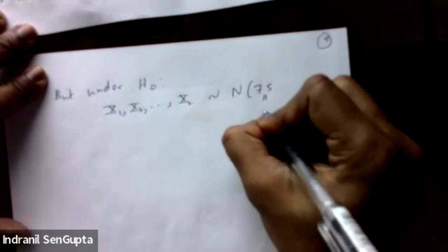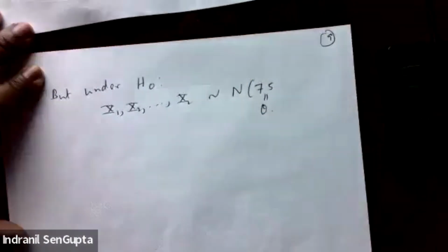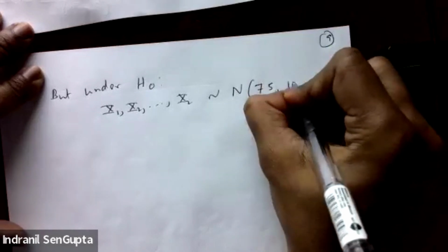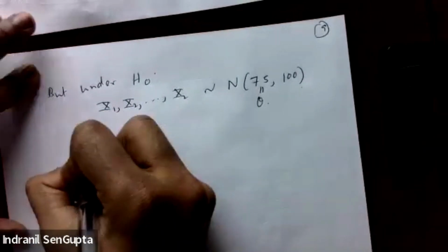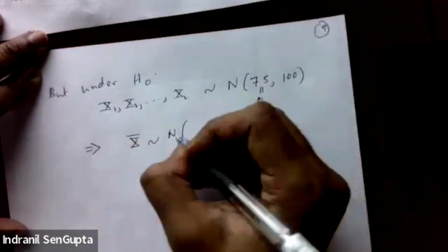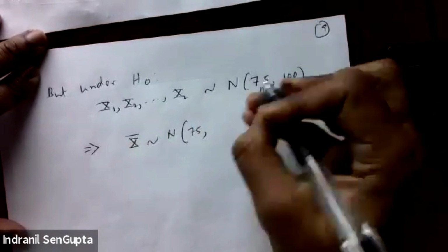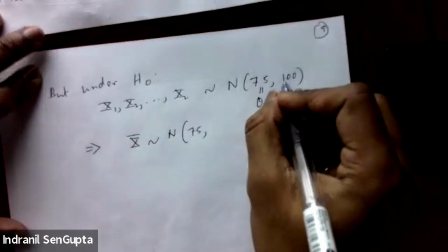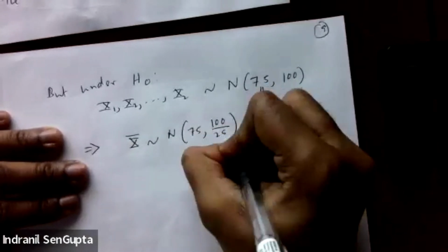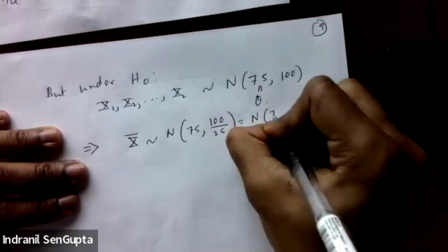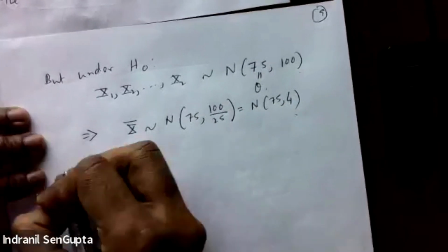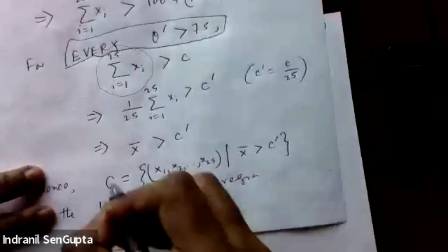That is your theta, that's what we're checking, and the variance 100, right? Okay. So that means x bar satisfies a normal distribution with the same mean, and then we have to write the variance over n, so it's 100 over 25. So that is N of 75, 4. Therefore, let's look at this critical region right here.